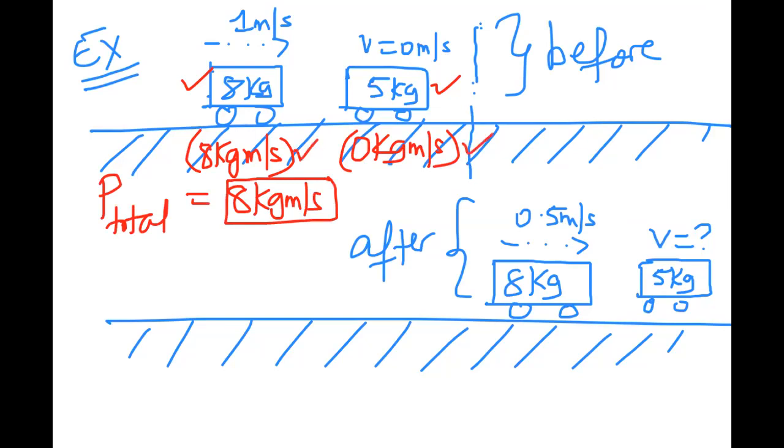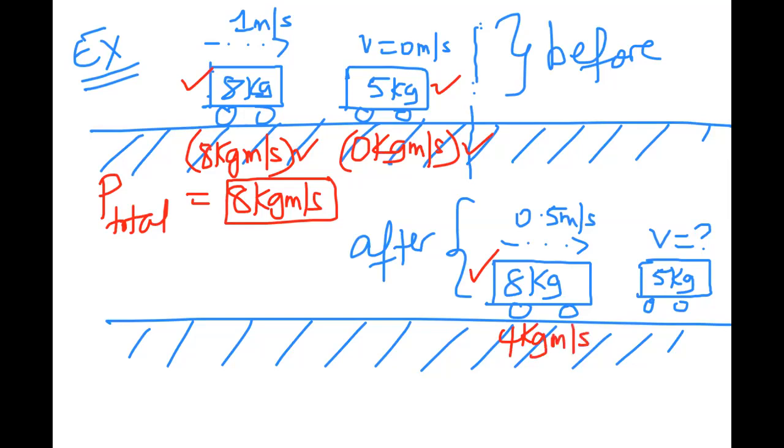If I add those two numbers, the answer is 8 kilogram meters per second. Now, after collision, for the 8-kilogram mass, 8 times 0.5 is 4 kilogram meters per second.